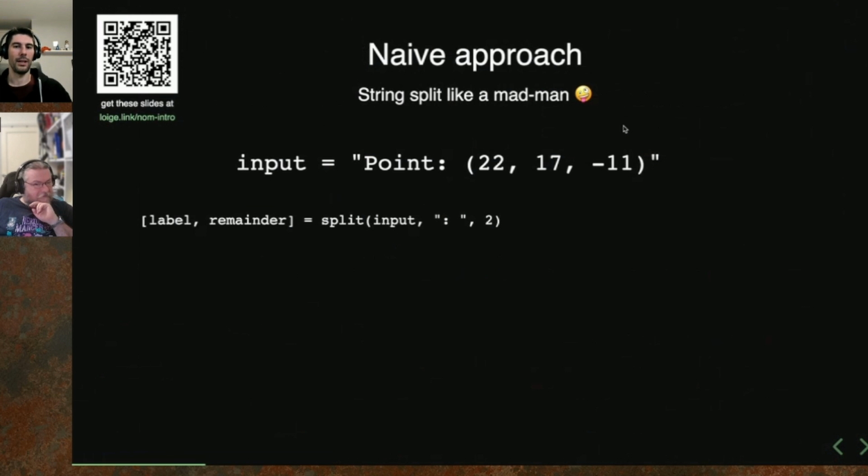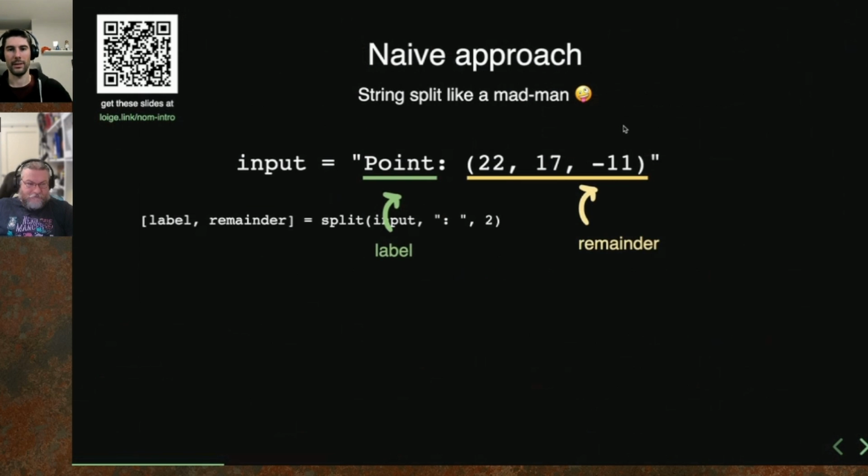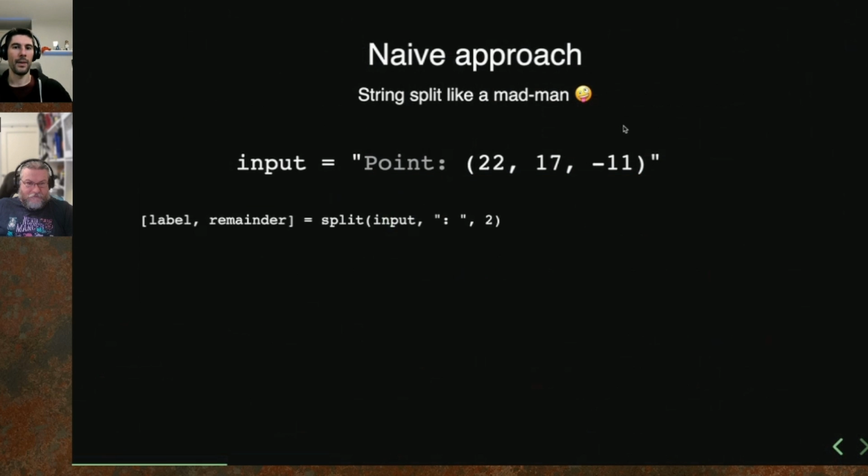But the idea is that you can say, okay, I'm going to split on the colon and keep only 2 parts. So I'm going to have point on the left side and on the right side, everything else. So colon and space are going to be the delimiter, separating left and right. We call left the label and we call right the remainder of the string. At this point, we need to get rid of the parentheses.